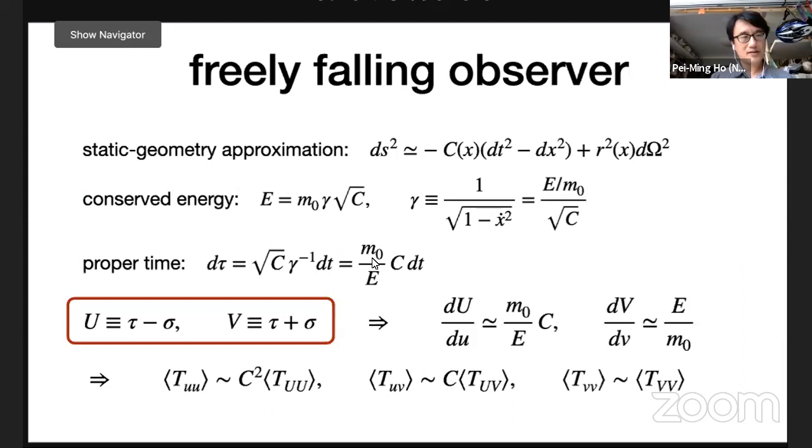So you have a constant mass for the freely falling particle, the constant conserved energy, and then you have this conformal factor C. Then it's straightforward to show that when this particle is crossing the horizon, if its velocity is approaching the speed of light from the viewpoint of external observers, then you do get this dU over du proportional to C result. And therefore, we get this energy condition for an eventful horizon.